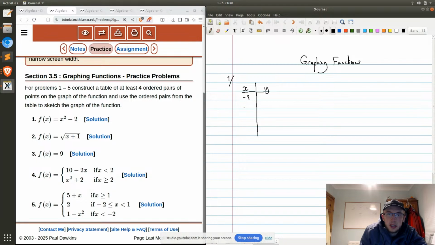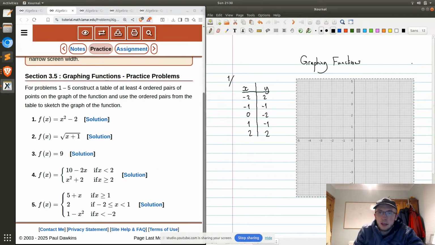So I'll do -2, -1, 0, 1, and 2. To obtain the outputs, just follow the rule of the function. So square the inputs and subtract 2. And from this we obtain 2, -1, -2, -1, and 2. Symmetrical.